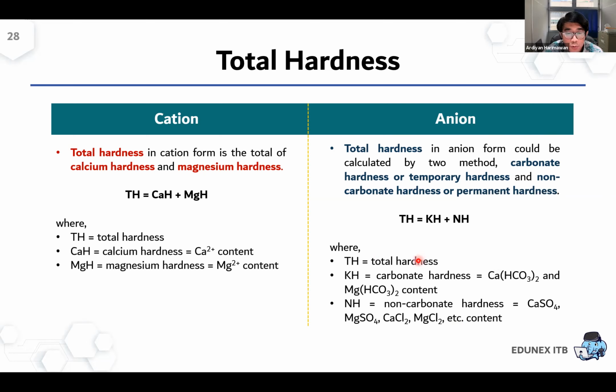So basically you sum up the total hardness from the carbonate and bicarbonate content with the non-carbonate. Again, the calculation is also in equivalents because we cannot directly sum the concentrations.